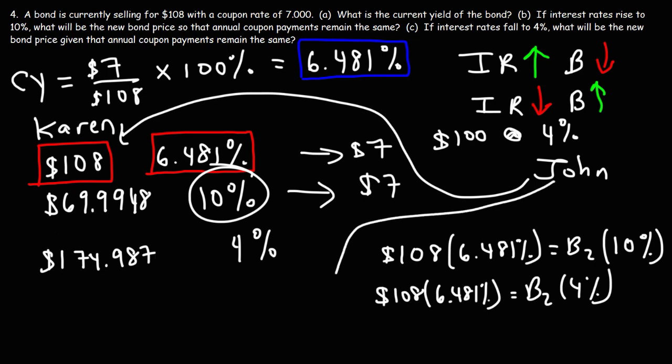So if John wants to buy that bond, he has to increase the price up to this point. If he increases it to $174.99, with the coupon payment remaining 7, the current yield will be 4%. If you multiply 174.987 by 0.04, this will be approximately 7.